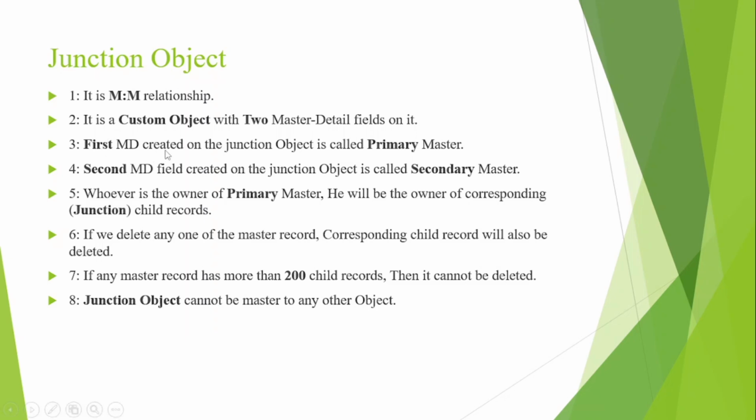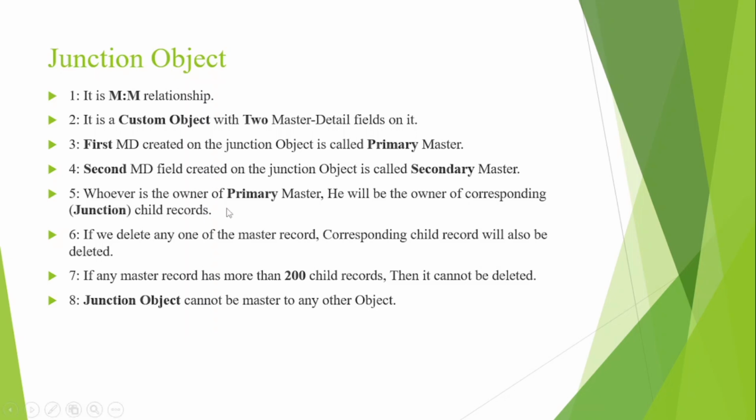The first master detail created on the junction object is called the primary master. Again, this is an interview question. The second master detail field created on the junction object is called the secondary master. So when we create the master detail relationship for the first time, it is called primary master, and when we create it for the second time, it is called secondary master.